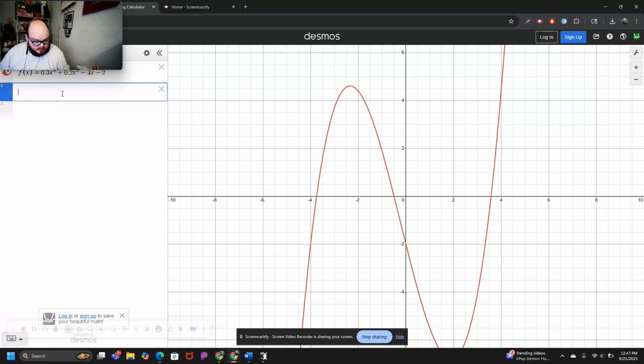So the set of x values where f of x is increasing. So it looks to be increasing all the way to what? -2.34. Okay, so you would say negative infinity to -2.34, and it's going to do, it's crazy.